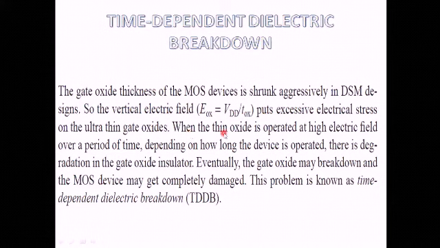When the thin oxide is operated at high electric field over a period of time, depending on how long the device is operated, there is a degradation in the gate oxide insulator. Eventually, the gate oxide may break down and the MOS device may get completely damaged.